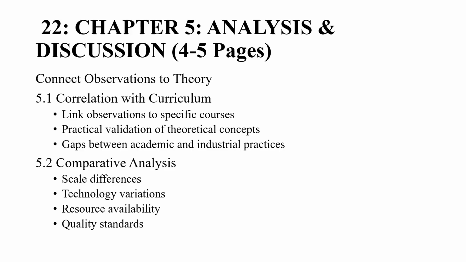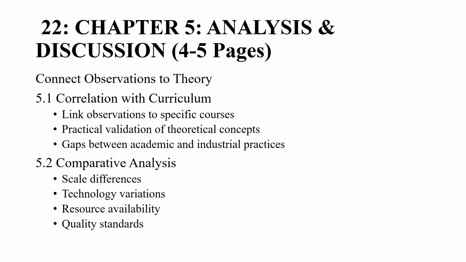This is the key actually. Based on these gaps, you're planning to write the recommendations, what all we can do to improve the gap over there. Then add a comparative analysis as well, where you have the scale differences, technological variations being used over there, what is the resource availability and the quality standards.